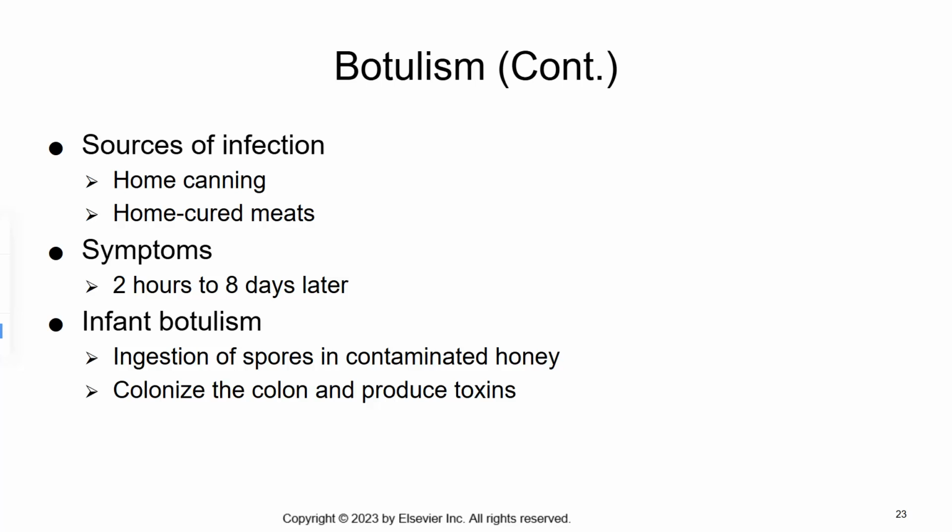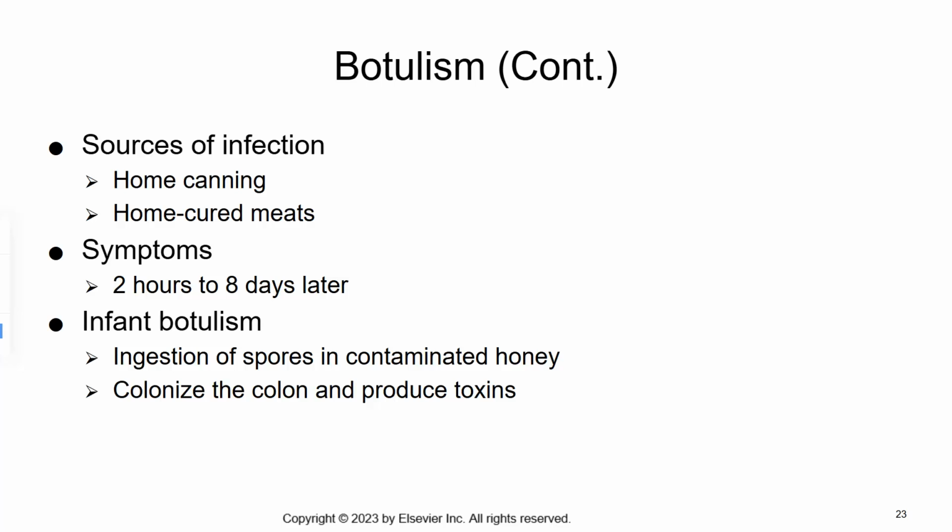Then you open up the can, you cook the food inside of the can, or maybe you don't, maybe you eat it right out of the can, who knows. But there would have been some gas formed, so the can would have looked a little weird. It would have been stretched a bit from the pressure of the gas that was produced. But if you ignore that, open it up, and go dig in there, you'd be eating preformed toxin, and that can be deadly. Symptoms appear 2 hours to 8 days later.